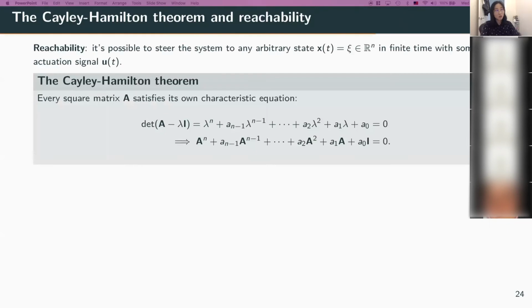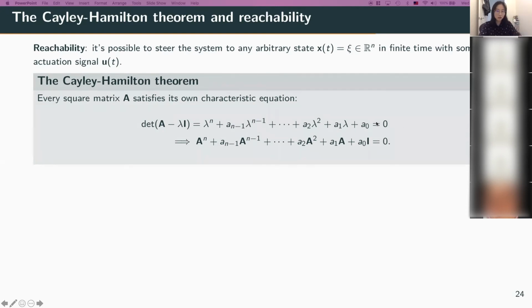So the Cayley-Hamilton theorem is something from linear algebra, and it's very easily stated. It just says that every square matrix A satisfies its own characteristic equation. So the characteristic equation or polynomial is just the determinant of A minus lambda I. And this is equal to lambda to the power of n plus some constant multiplied by lambda to the n minus 1, all the way to the 0th term.